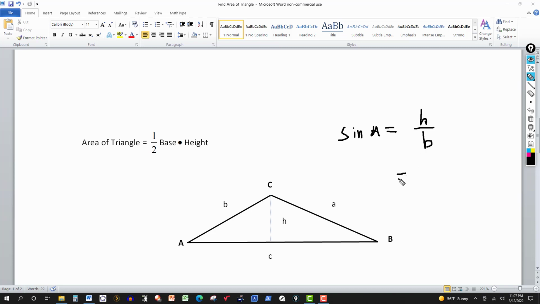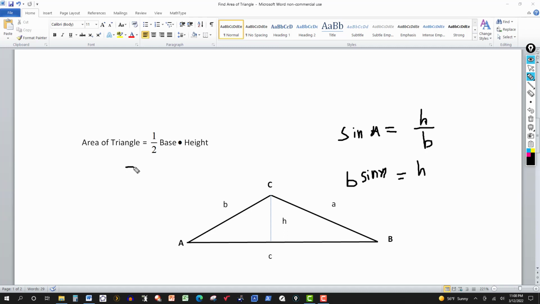Solving for h here, multiplying both sides by b, we get h is equal to b times the sine of A. So I'm getting back to over here, using the area of a triangle is equal to 1/2 the base times the height.